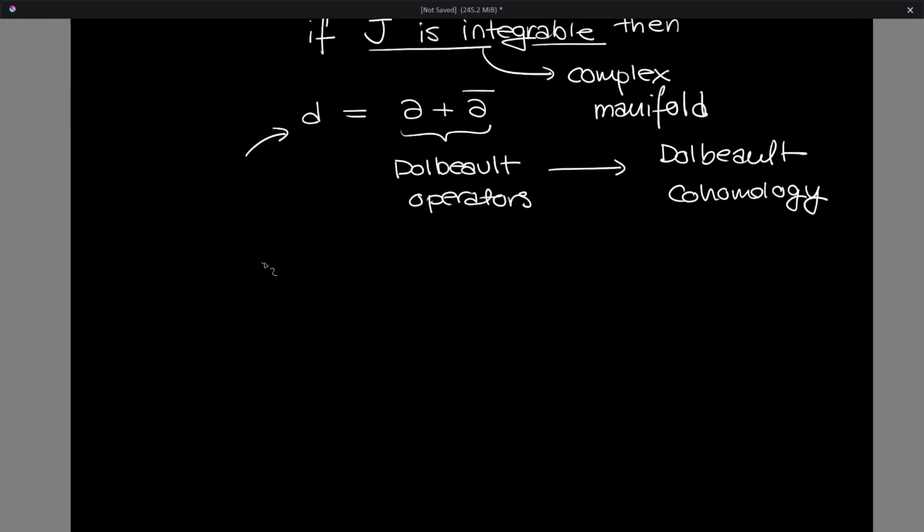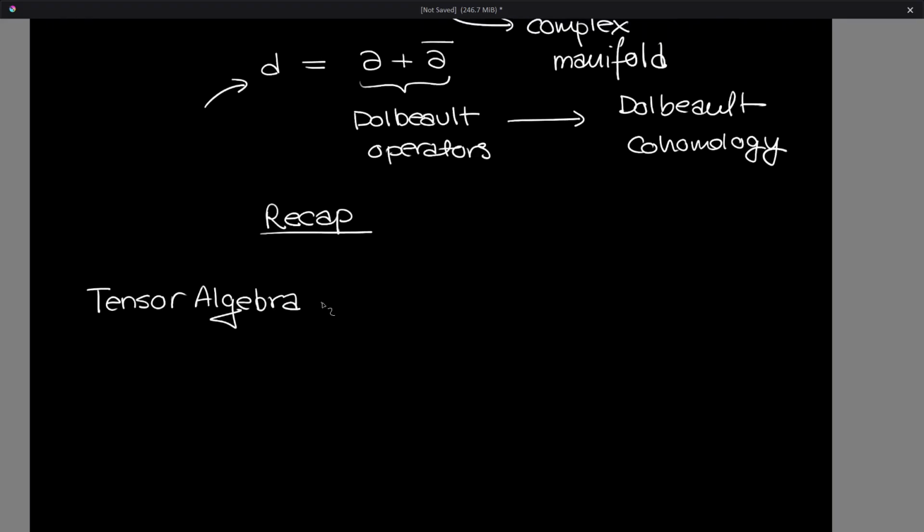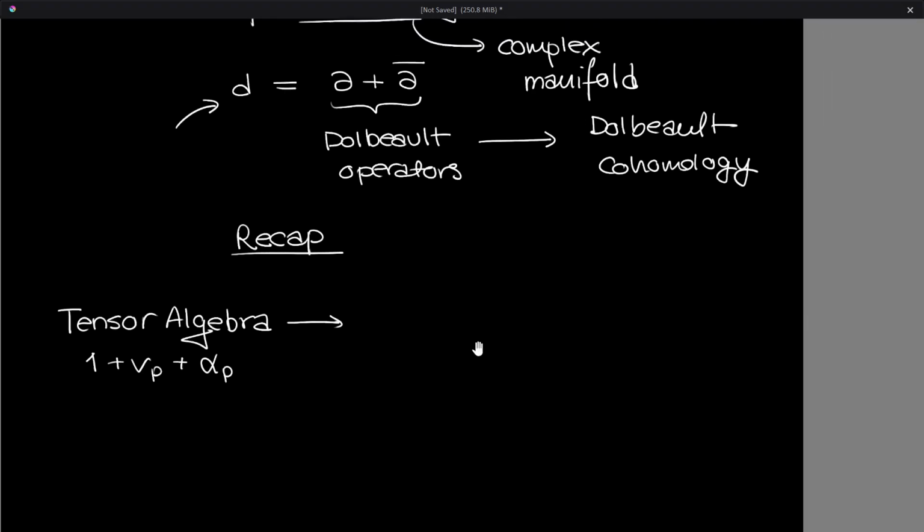So let's recap what we've done so far. We first defined tensor algebras. And the elements of those kind of look like this: V P plus alpha P, etc. And then we went to exterior algebras.